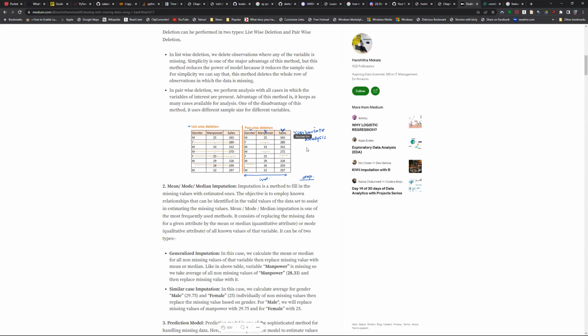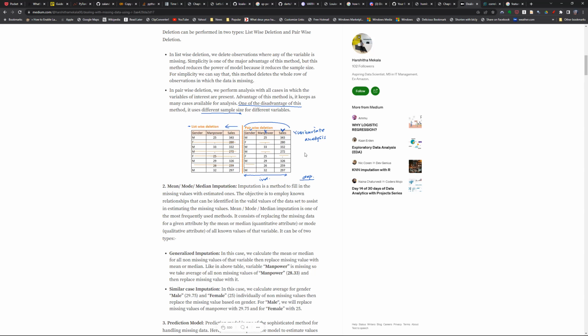The big disadvantage of this is that there are different sample sizes. So when we try to use everything together in one model, usually R is actually going to move to the list-wise deletion, not the pairwise deletion, because each column has a different sample size.